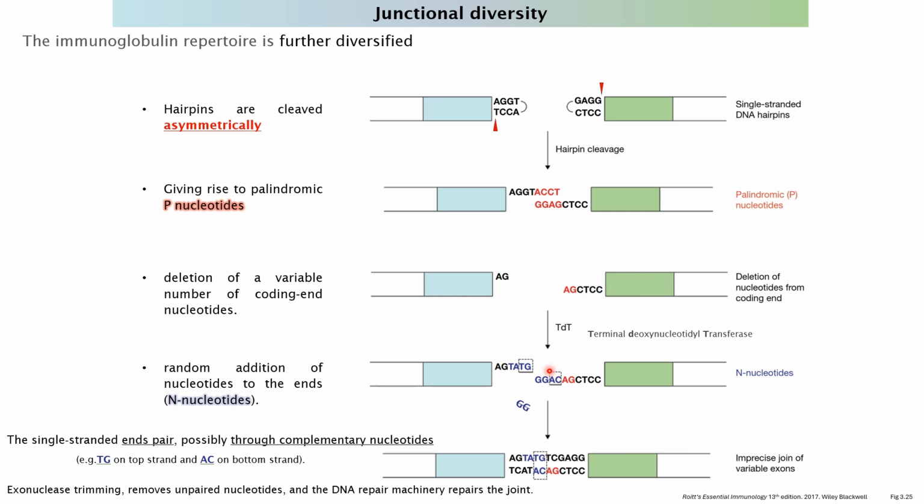So that means that not only do we have variation here, but everything downstream from here may be different because of that. So this is a huge amount of variability, which is a good thing, which is what we want.